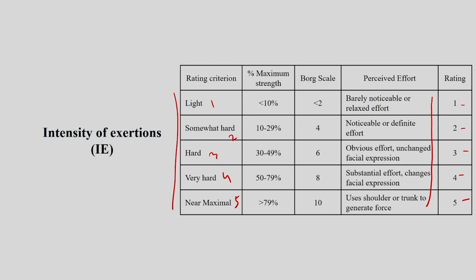So, it is not only happening with your distal upper extremity, you are taking effort from your shoulder and trunk muscle. So, a lot of activities are happening. You can see the posture is changing. So, in those cases you can give a rating of 5. So, this is how we get the rating of intensity of exertion, correct. This is the first element of JSI.